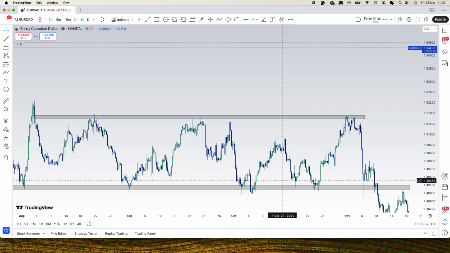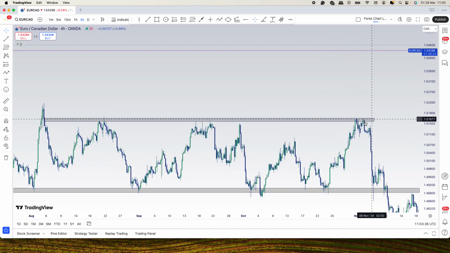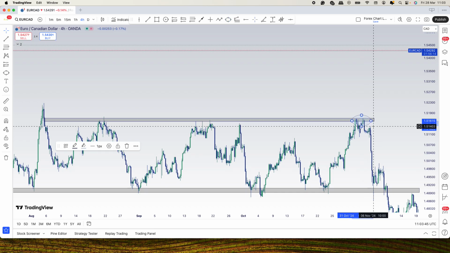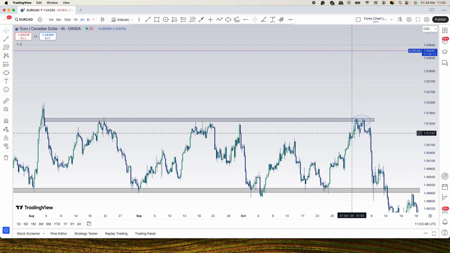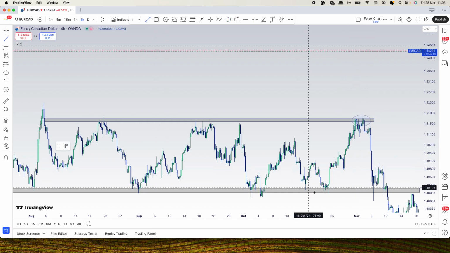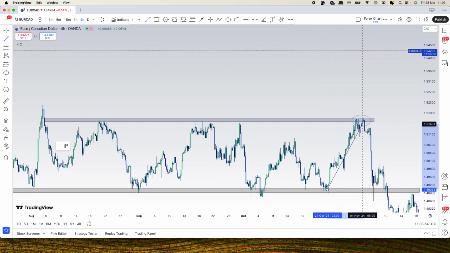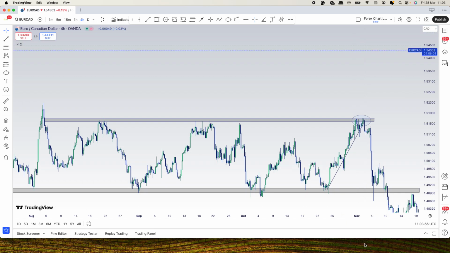So when we're getting these rejections, we're looking for some kind of indication that there is a switch in momentum. Now, people will do it in different ways. I like to try and read a few different things. We can see here that there's a double top, and also there is a break in this trend.